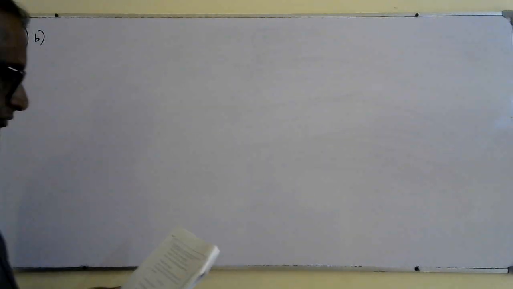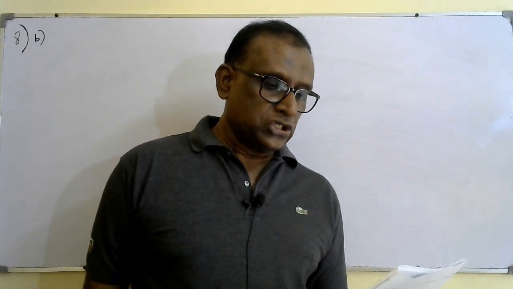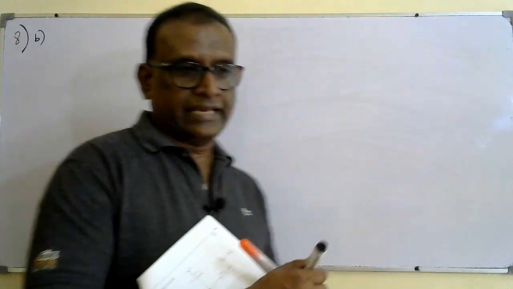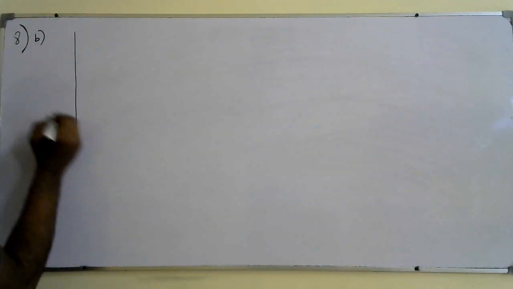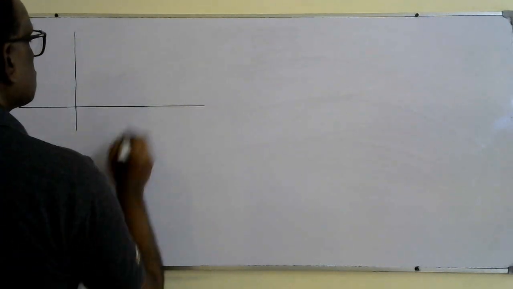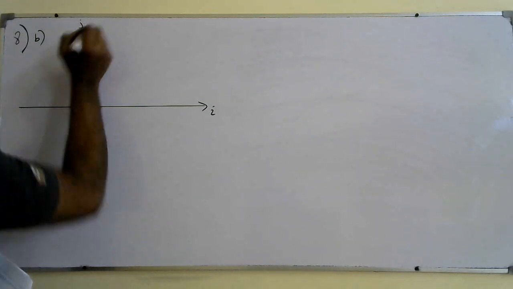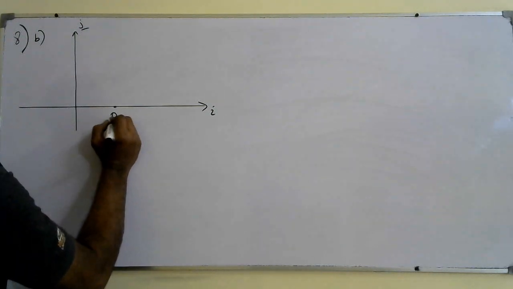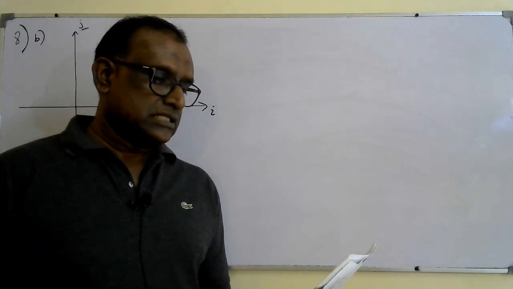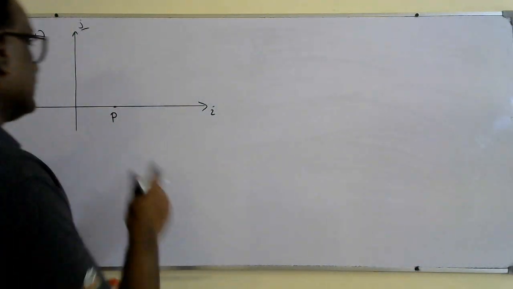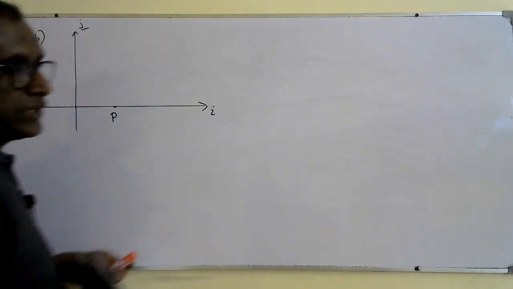Okay, so the D part: find the distance between P and Q when Q is northeast of P. We know that P is going to move along the x-axis because its velocity is 58i. This is i, this is j. So when P is here, northeast means from north at 45 degrees towards east.